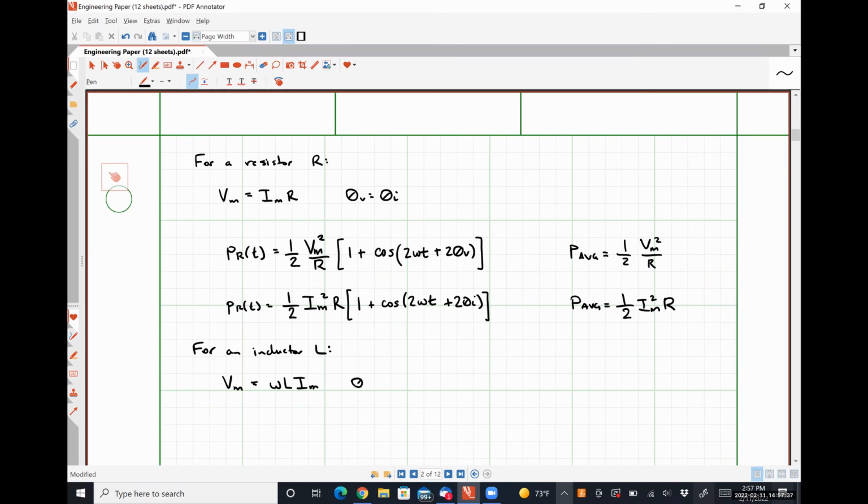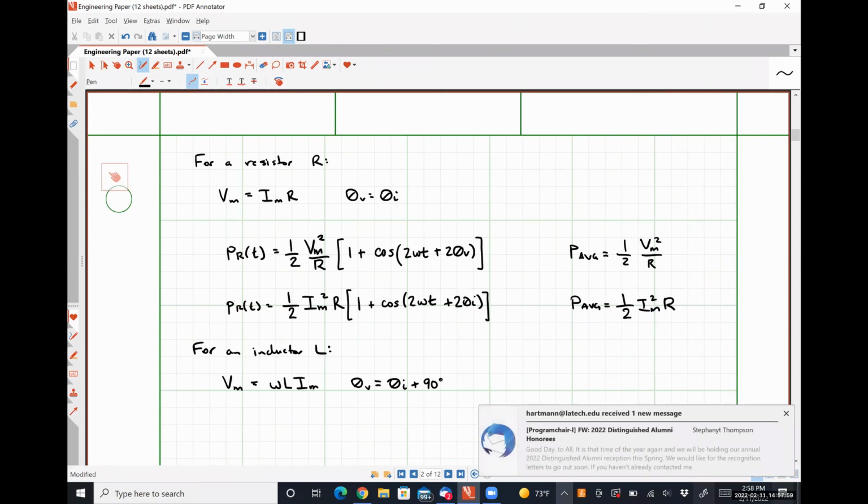And for the angle part, we have theta V is equal to theta I plus 90 degrees, which means the voltage leads the current by 90 degrees, which you all actually experimentally calculated 2 days ago. That was the purpose of your lab. You verified that there's exactly a 90-degree phase shift.